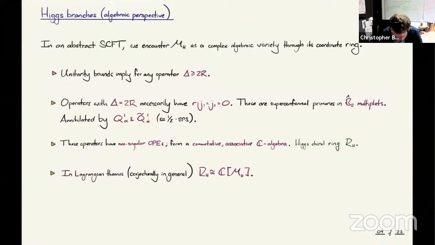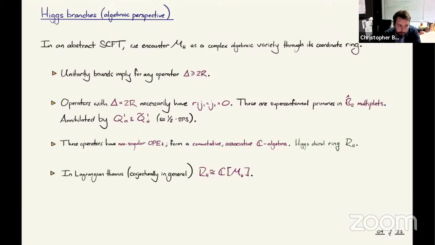And in Lagrangian theories, one can observe, and I'm going to review part of the observation momentarily. And more generally, it's actually, I think, just a conjecture, but it's something I'm pretty sure everyone believes is true, that this ring is the coordinate ring of the Higgs branch of vacua of the theory.